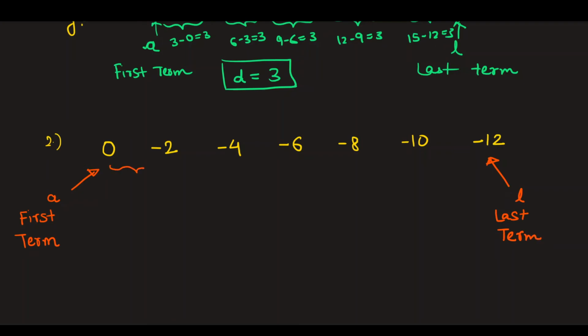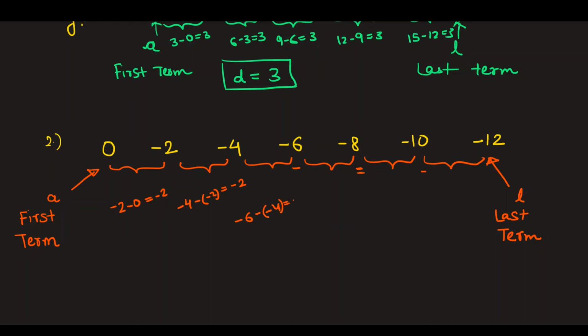Okay, now we have to find the common difference. Common difference is difference between any consecutive terms. Consecutive means which are next to each other. Say minus 6 and minus 8, or minus 8 and minus 10. So minus 2 minus 0, that is minus 2, or minus 4 minus of minus 2, that is again minus 2, or minus 6 minus of minus 4, that is again minus 2.